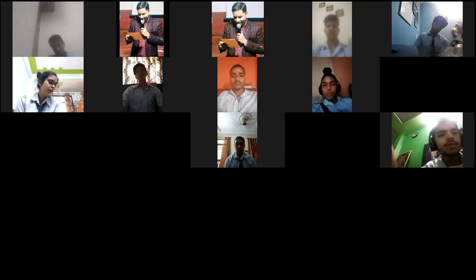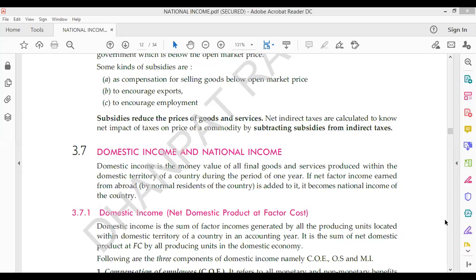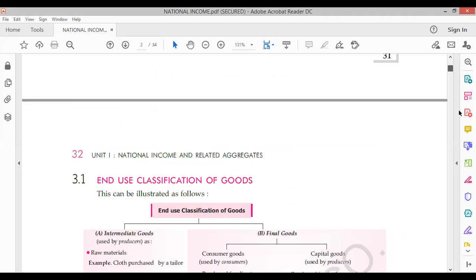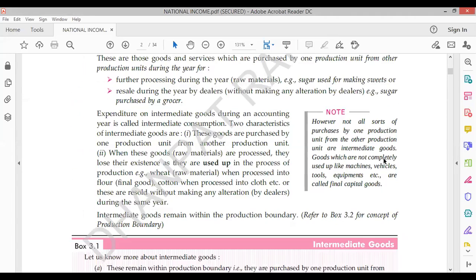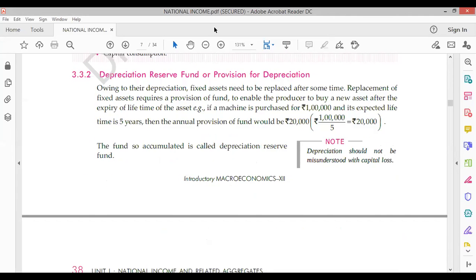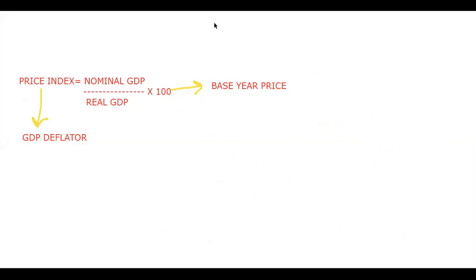आगे चलते हैं next topic पे. अच्छा, circular flow of income. You all remember circular flow of income in the two sector model? How does circular flow of income work? In the two sector economy, the circular flow of income works in a two-way manner.